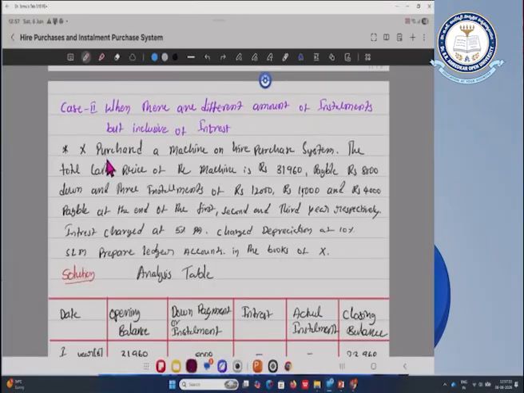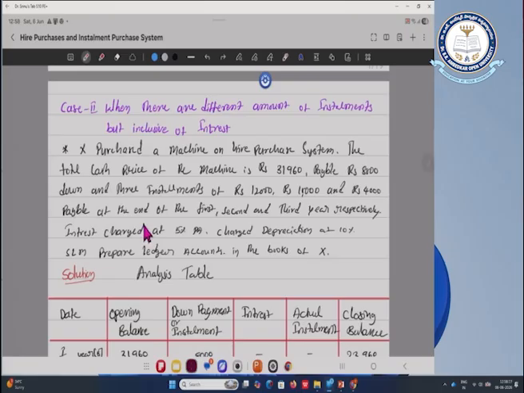If you see this problem, X purchased a machine on hire purchase system. The total cash price of this machine is 31,960. Payable rupees 8,000 down payment, and installments are 12,000 rupees, 10,000 rupees and 4,000 rupees. So, these are the installments.